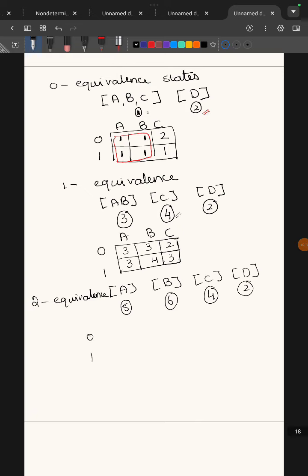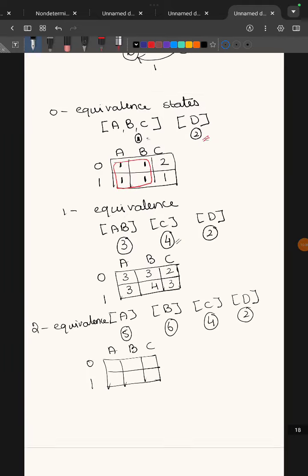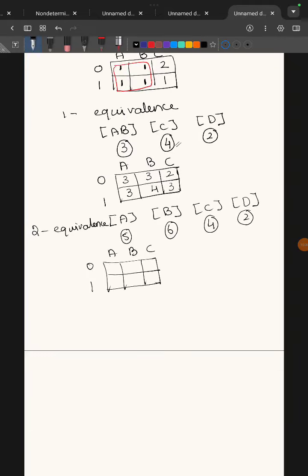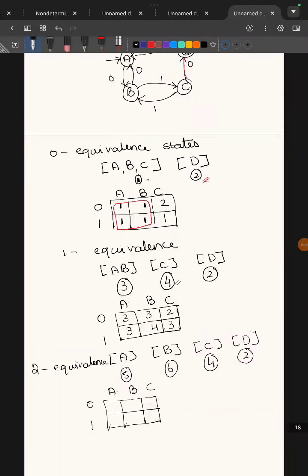So again we will repeat the same step. For 0 and 1 we will find for all the states A, B, C. Why we didn't include D? We know that it is a separate group anyways. It is a final state, so we are not including it in the table. So A on 0 it is going to B, right? B belongs to the group 6. A on 1 it is going to A itself.